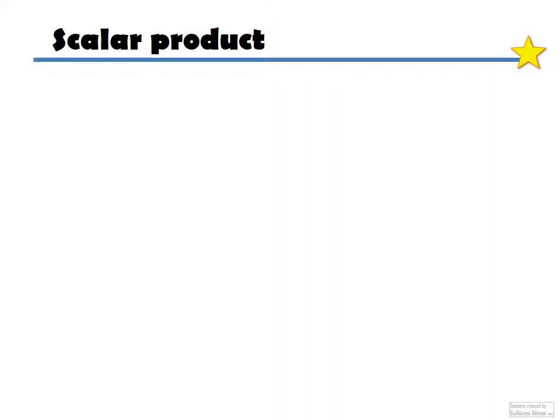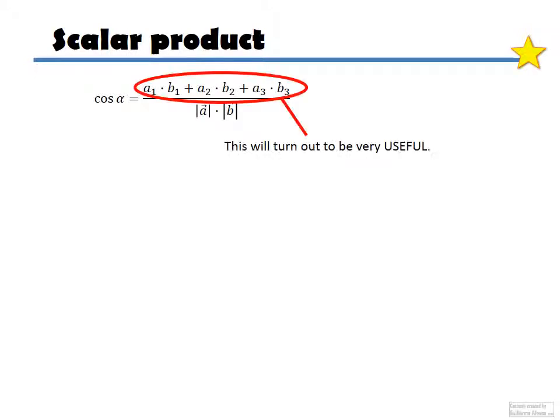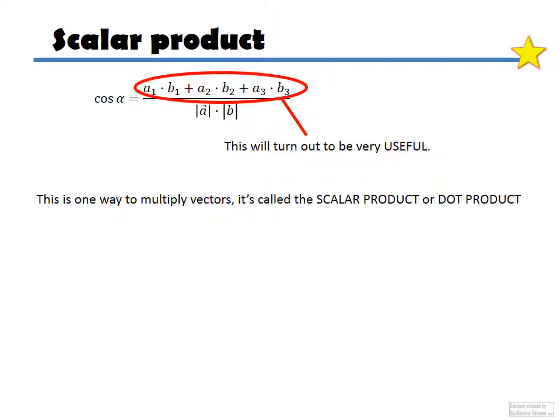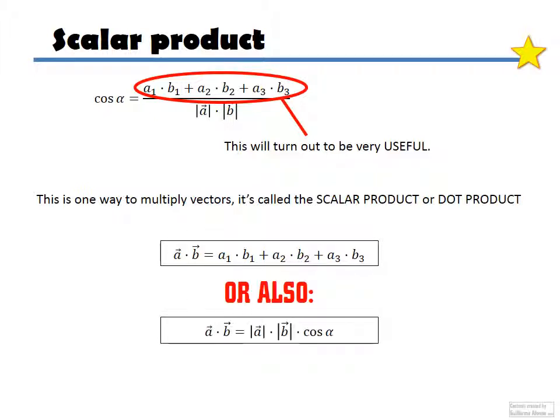What happens is that we're going to define one of the elements you've just seen in that equation as the scalar product. Which one? This one here, because this thing is going to turn out to be extremely useful. So we call it the scalar product or the dot product, and ultimately what is it that we're doing? We take two vectors and multiply their coefficients.